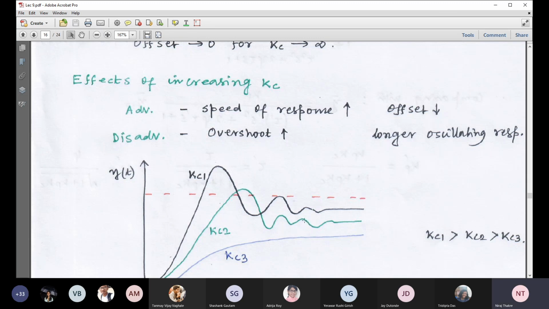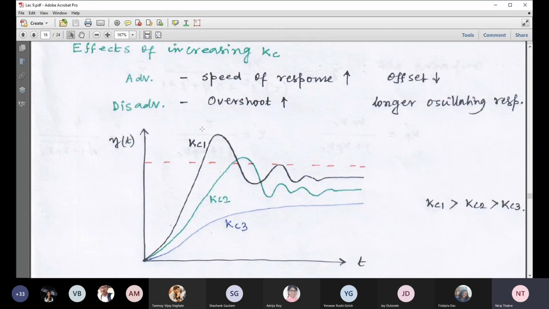That is why I told you to make a horizontal line from here so that it reaches the set point before that of the black color. I repeat, the black will oscillate for a longer time and the green color will oscillate for a shorter time.